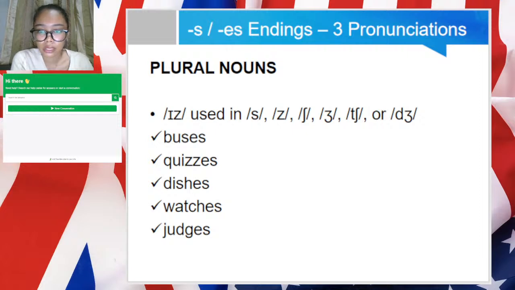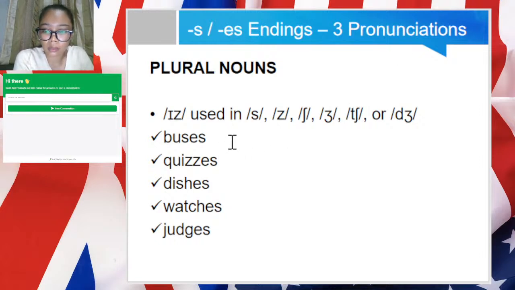Now, in these cases, we should also take note that in the spelling, in the word itself, not the sound, we use the suffix es. We do not use the suffix s anymore. We use the suffix es. All right. So just like the rule of suffix ed, for rule number 3, this also adds an extra syllable.